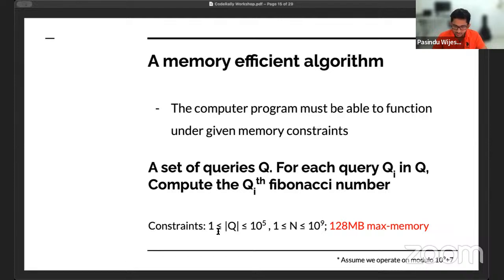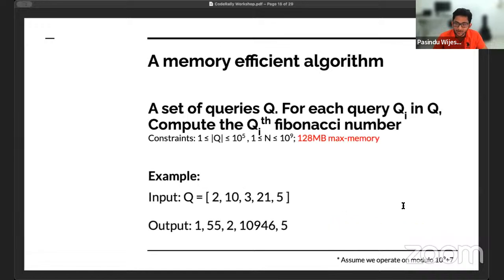And here the constraints are Q is going to be less than 10 to the power 5, and we have the same boundary for n, and there's a memory limit, like 128 megabytes max. So in this case, the solution that you come up with needs to be memory efficient so that you don't exceed this 128 MB memory limit, right?